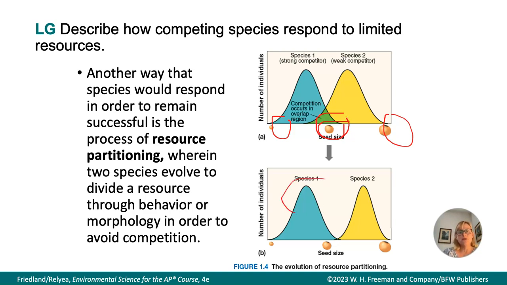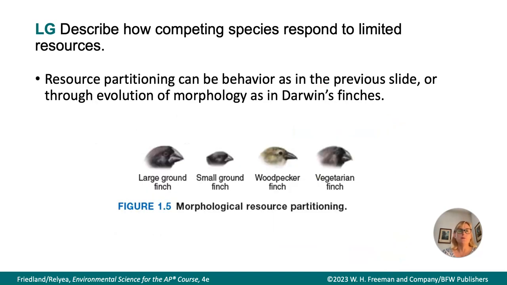So it looks like species 1 eats more of the medium and species 2 sticks to the larger ones, because fighting over resources takes energy. And that is not a good thing when you're constantly finding food and have to survive by getting food. You don't want to spend time fighting other species and competing with other species. That takes energy, calories, that then you're going to have to find food to feed yourself again. So species really don't want to compete all that much.